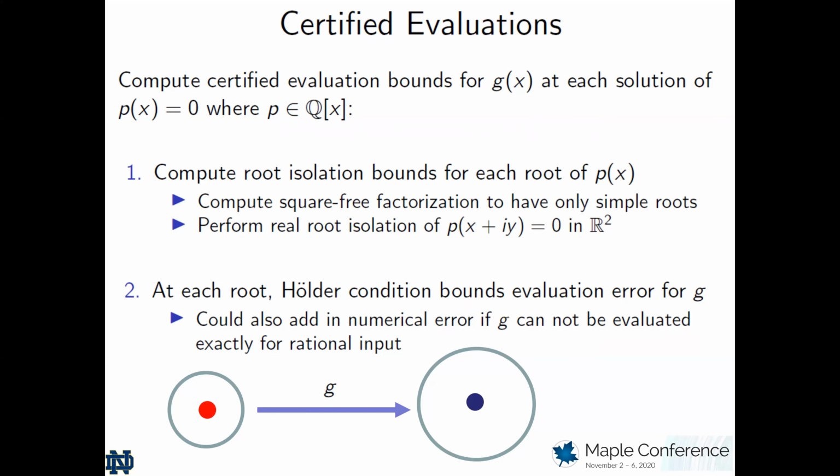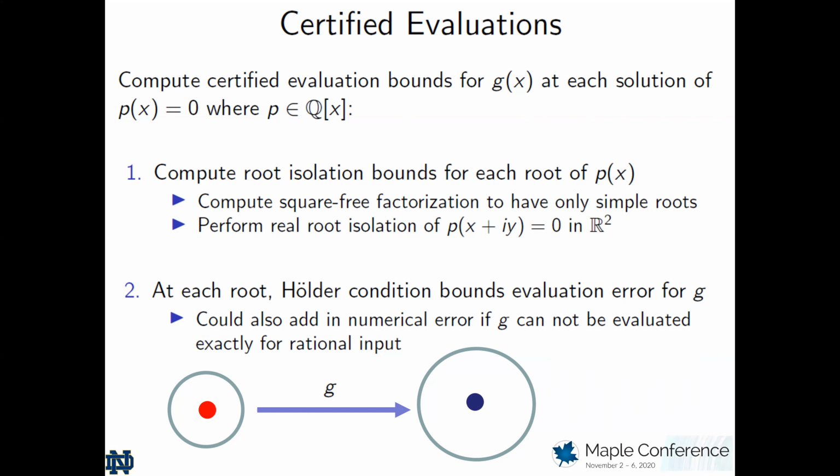And so the first step in our procedure is to always reduce down to the simple case. So we use Maple to compute a square-free factorization so that we only have simple roots to consider.